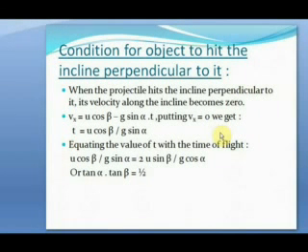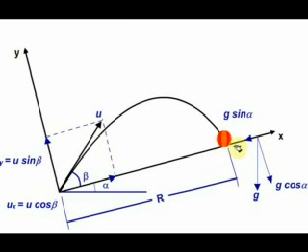Now let's talk about a special case where the projectile is hitting the inclined plane in the perpendicular direction. So here, as you can see, if the impact of projectile with the inclined plane is perpendicular, that is in this direction, then the component of its velocity along the inclined plane, that is in x direction, will be 0.